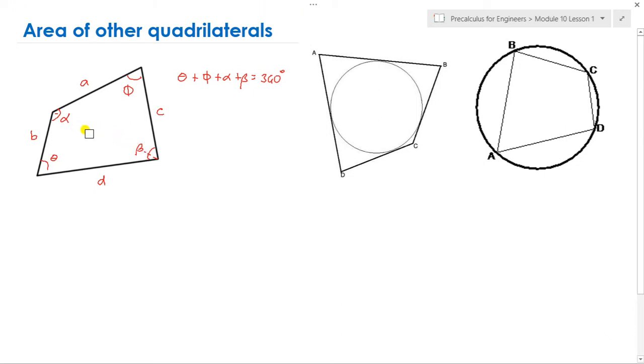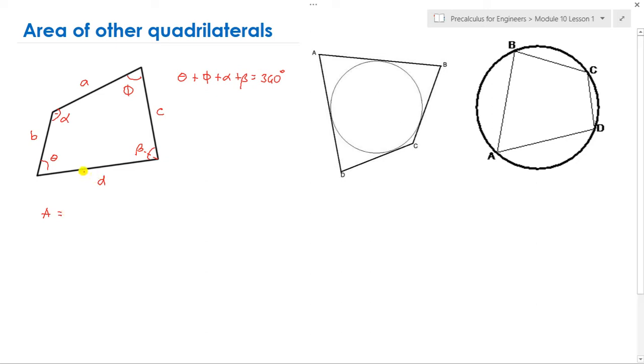So here, class, for the general form of a quadrilateral, we have two cases. But let's solve first for the area given the sides. The derivation of this is actually long, but this formula was discovered by an Indian mathematician long ago.